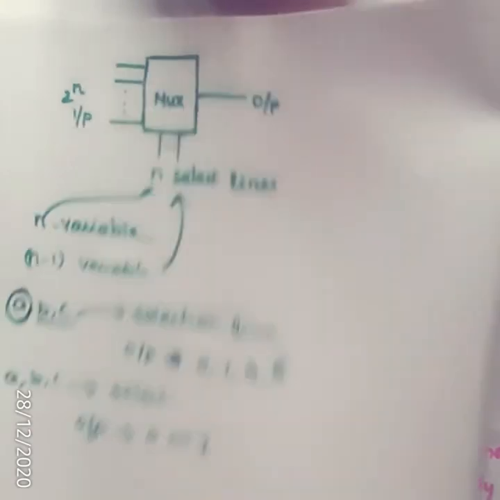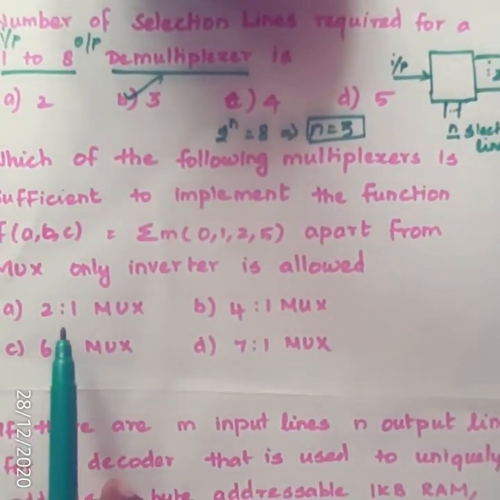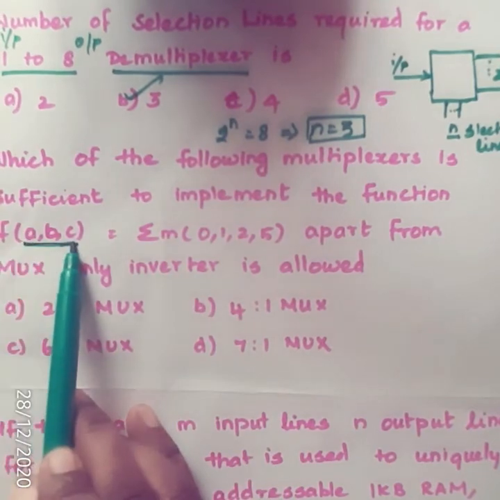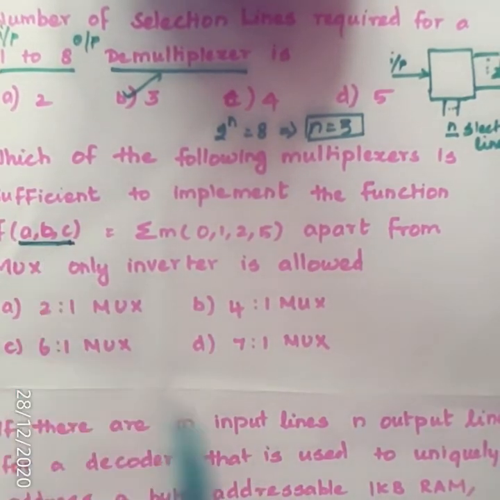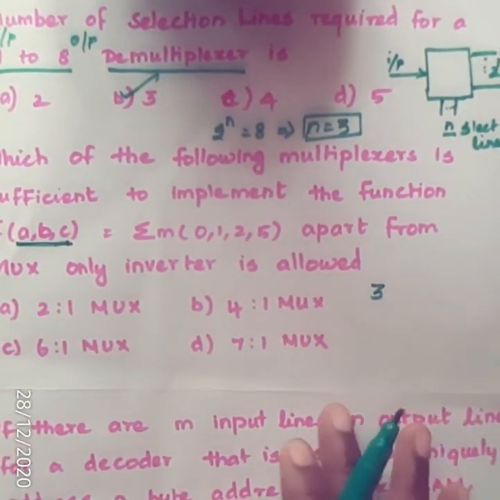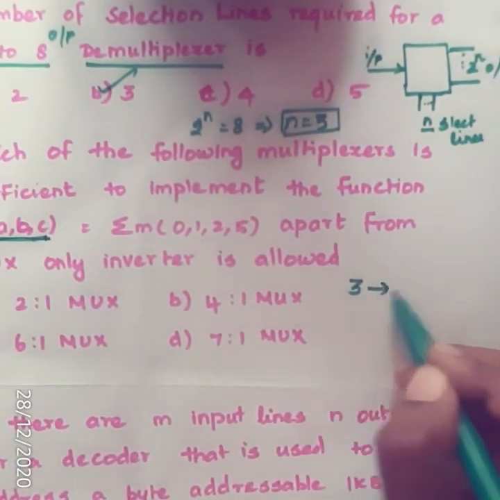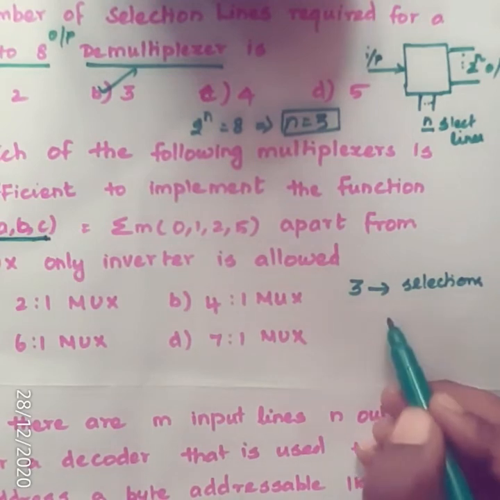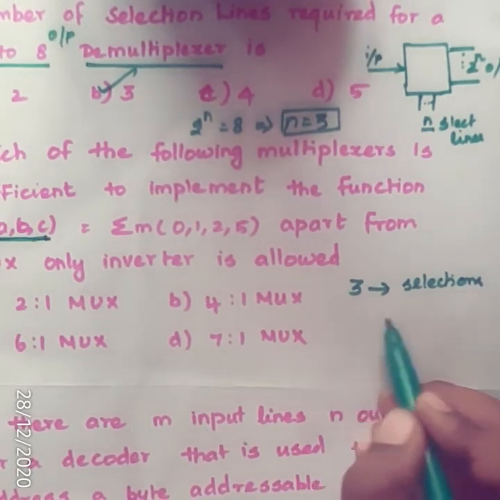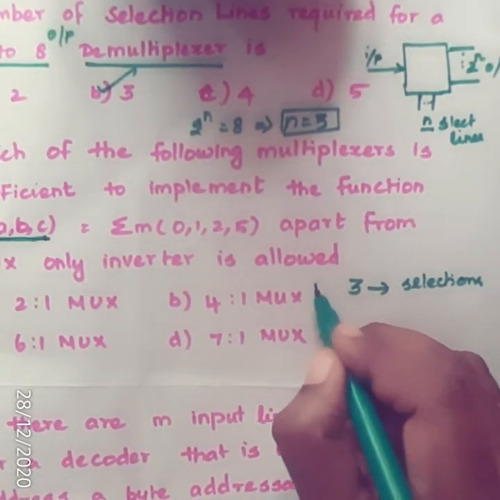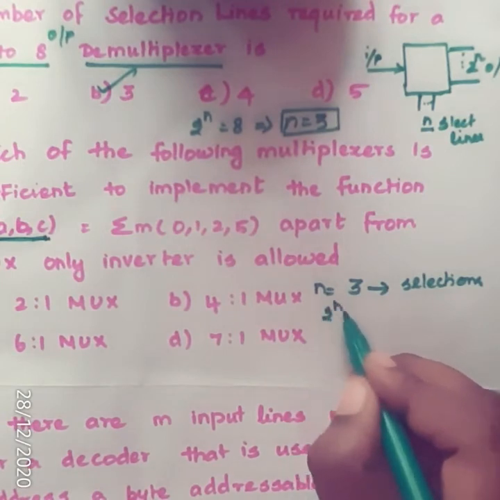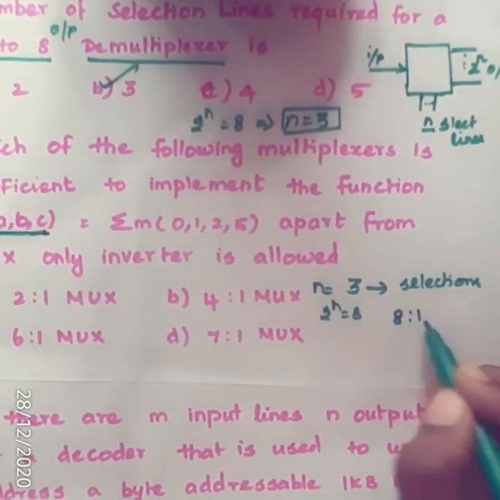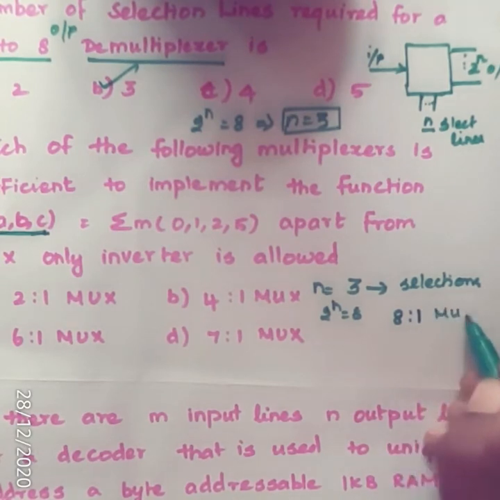Here in this question, we have 3 variables, A, B, C. You can use all 3 as selection lines. Then n value is 3, so 2 power n is 8, and the corresponding multiplexer is the 8 cross 1 multiplexer.